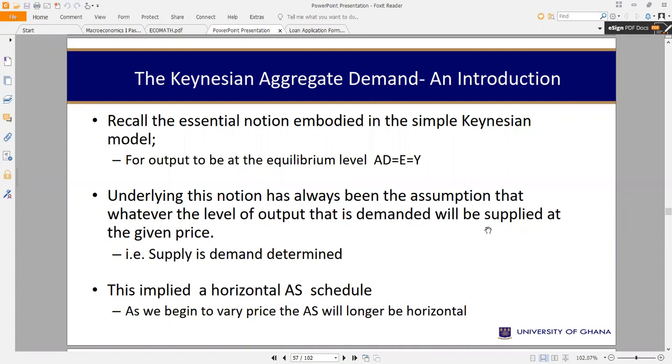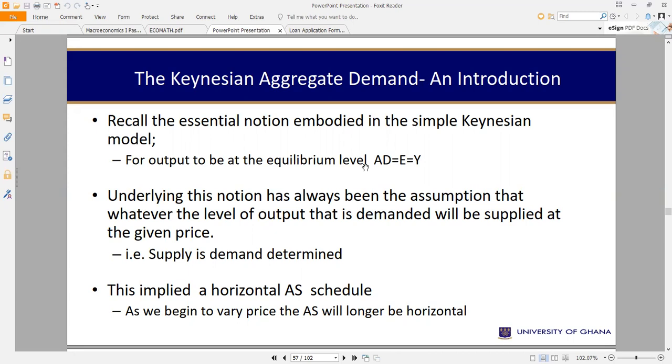Okay, price was constant, and whatever quantity that we offer for sale will just depend on the quantity that the economic agents were buying. So whenever there was an increase in aggregate demand, even at the same price, we see an increase in the general output level. So for that case, we're assuming the horizontal nature of the AS curve.